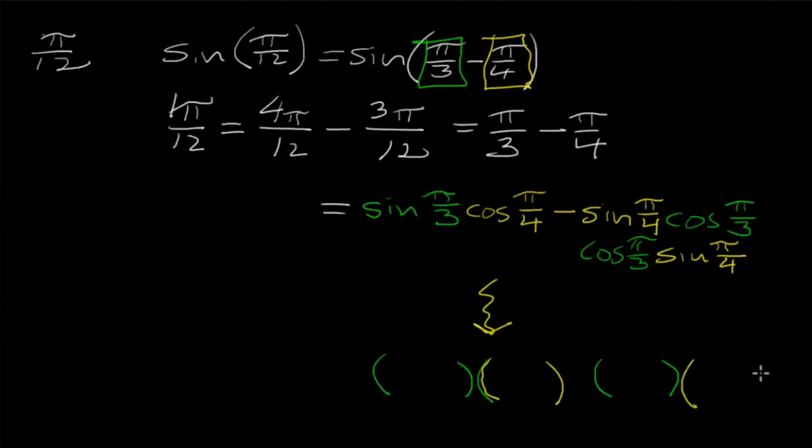What is sine of pi over 4? Subtract those, and then you'd have an answer once you simplify. The big idea here, though, was I wanted to make sure that you guys understood that we're not limited to addition. Some angles that you're given work best with subtraction.